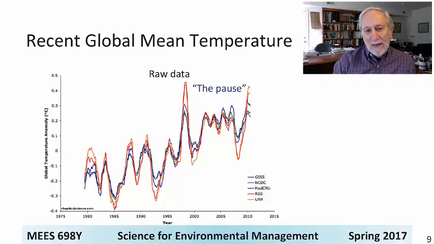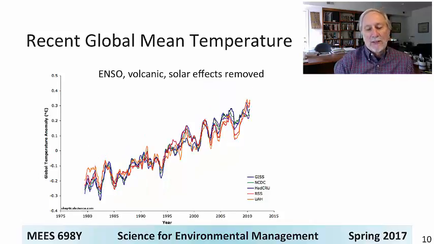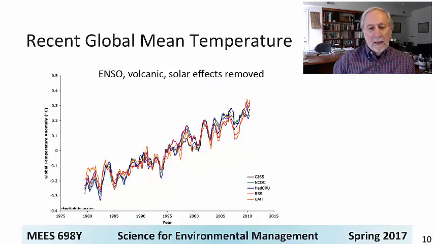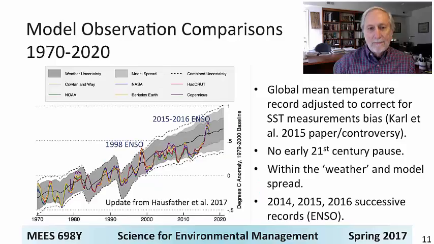If we factor all of those in, we get an adjusted record looking like this, pretty much a more continuous trend of upward warming. This is data through about 2011. So again, here we have the raw data, but once you adjust it, this slowdown effect tends to dissipate, and this is more clearly a signal of human activities in this filtered record.